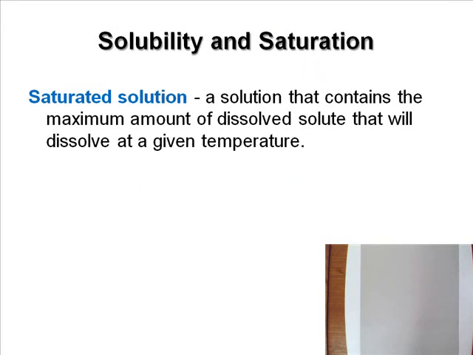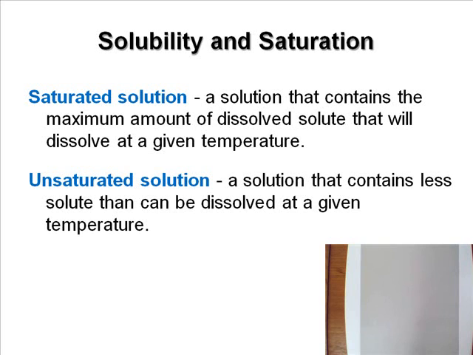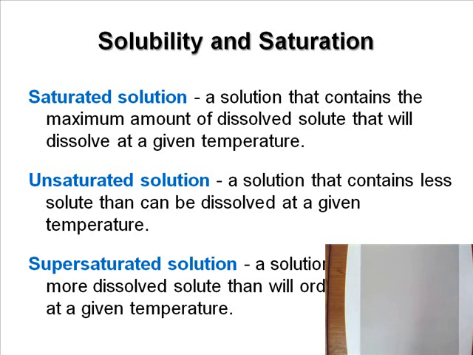So, a new issue arises, which is referred to as saturation. When you have a saturated solution, it means you have dissolved all the solute that is possible at a given temperature. Nothing more of that type will dissolve in it. And of course, the opposite would be unsaturated, meaning you can still add additional material and have it dissolve in there.